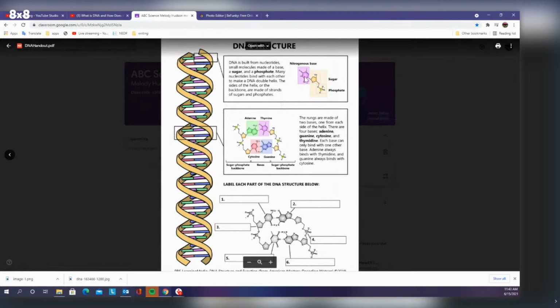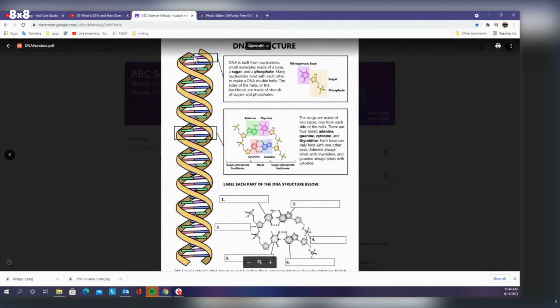Okay. So we have the nitrogen base, the sugar, and the phosphate. The nucleotides bind with each other, boom, boom, boom. See where they're bound to make our helix or the backbone. And these are strands of sugars and phosphate. Boom, boom, boom.